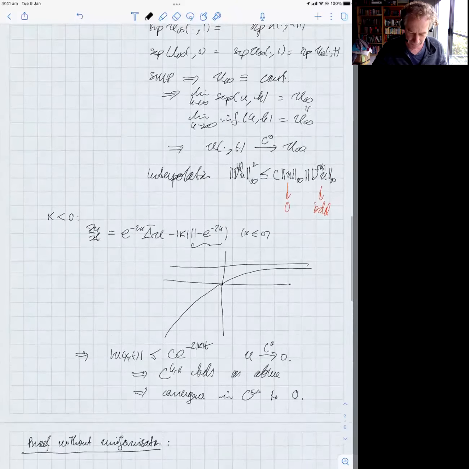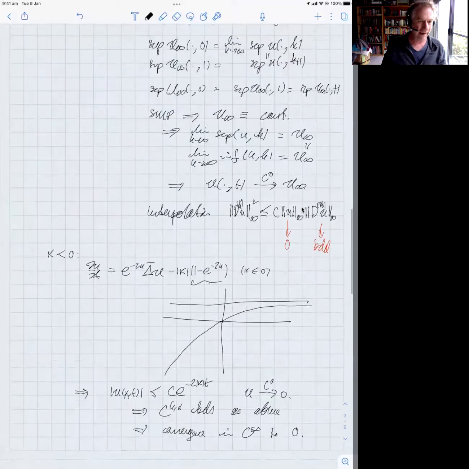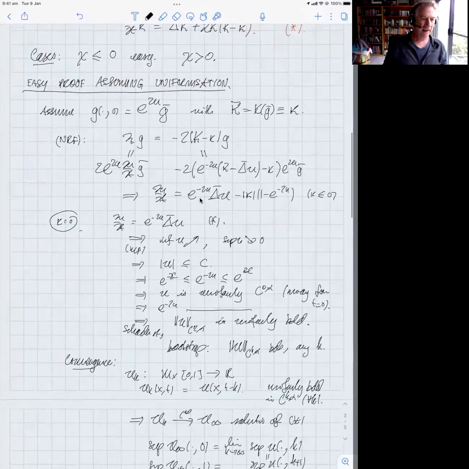I haven't talked about the kappa positive situation here, but just to make a quick remark. In the kappa positive situation, I get this equation, except that it's a plus kappa, right? Which means you can't really deduce very much useful from this.